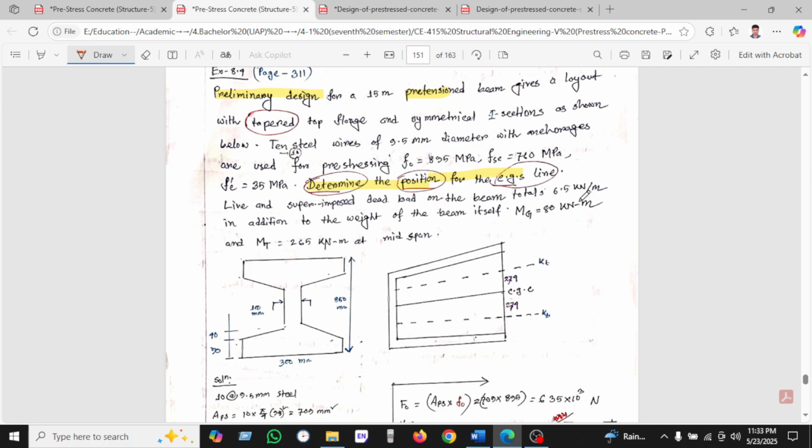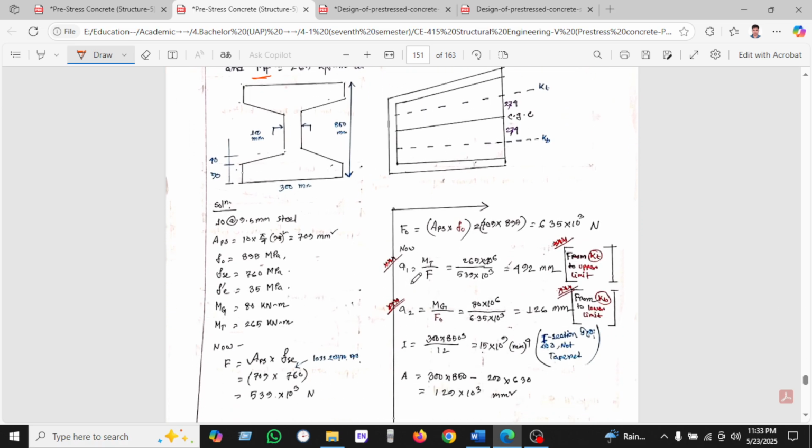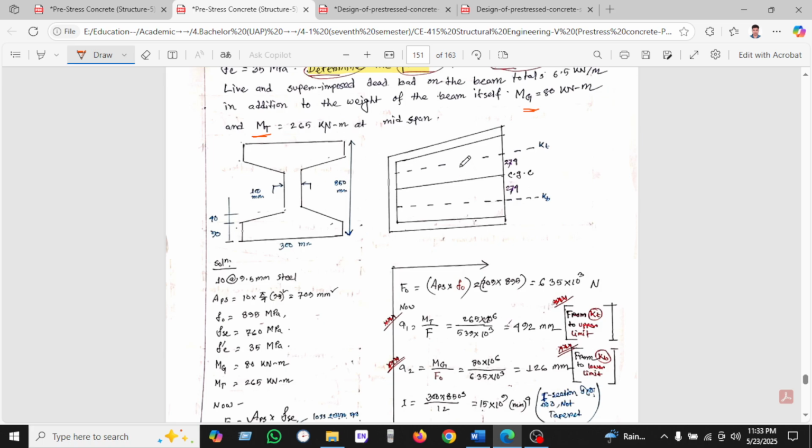Superimposed load is 6.5 Newton per millimeter. In addition, the weight of the beam itself is the girder weight, which is given as 18 kilonewton per meter, and the total we can see is 26.5 kilonewton per meter at mid span. Okay, let's see. Here all the dimensions are given.